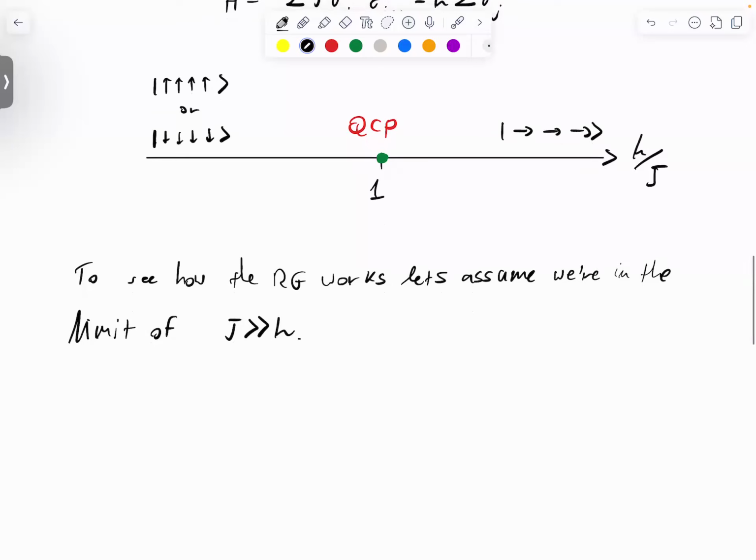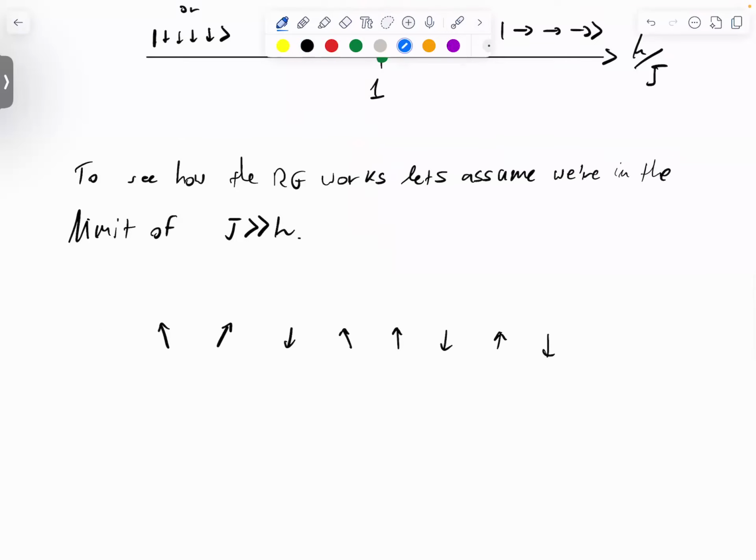Now, imagine that we have our spins sitting there in different sites. And now we basically block them. Like I said before, each pair we put in a block.